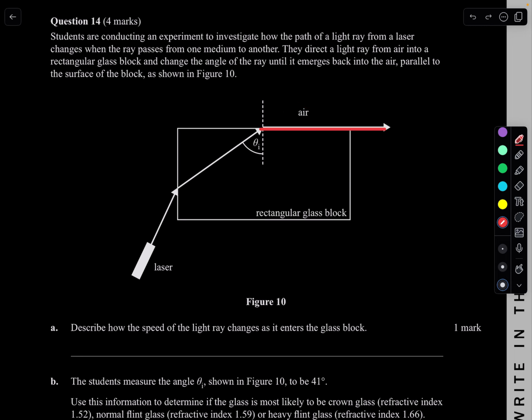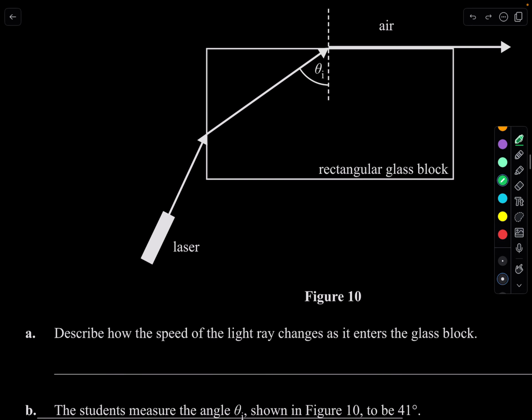Let's see. Let me use a different color. Let's say N1 is air. It's the refractive index of air, which is 1. As the laser goes into the rectangular glass block, which has a refractive index that's greater than the air, N2 must be greater than N1. If you're going from a low refractive index to a high refractive index, your speed decreases.